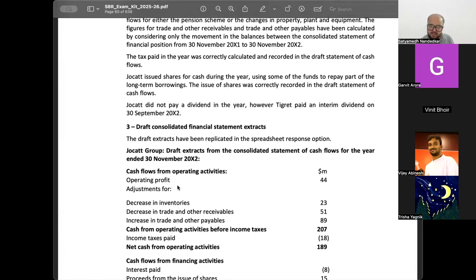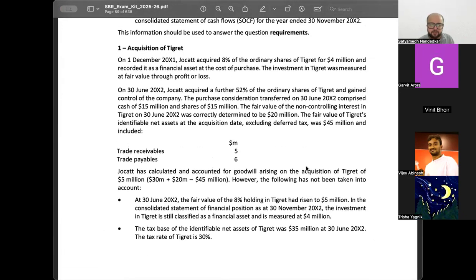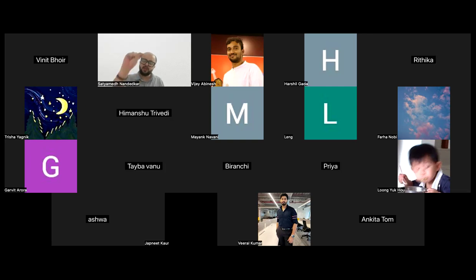You will have to analyze the data and make changes to it. Maybe this decrease in inventory figure is wrong, so you will have to give the correct figure. Okay, that's pretty much it. And not the entire 30 marks part is on the pre-populated balance sheet, but the individual calculations definitely help you in the drafting of the pre-populated balance sheet.